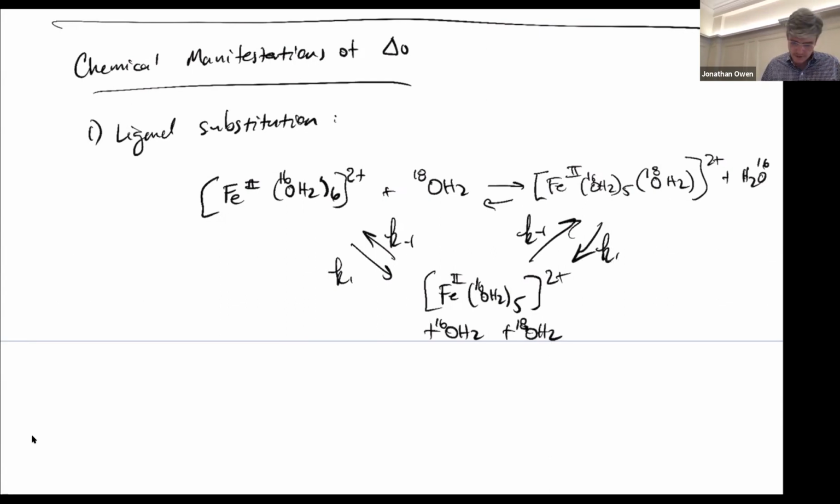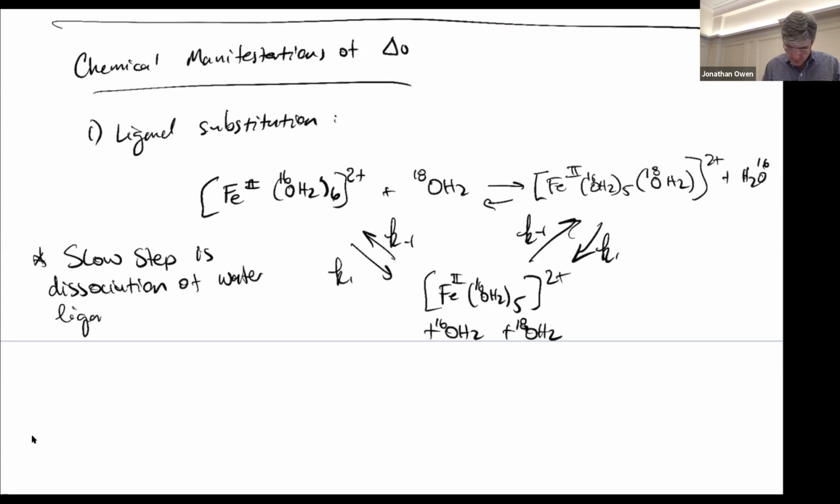Okay, so it goes by dissociation, and that's the slow step. So the overall rate of this interconversion is dictated by the kinetics of losing a water ligand and going from 6-coordinate to 5-coordinate.